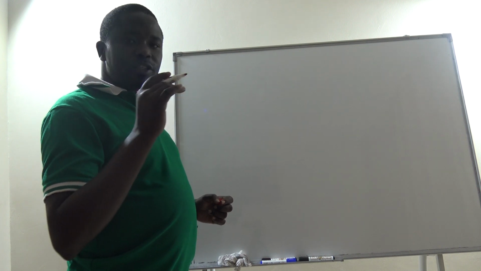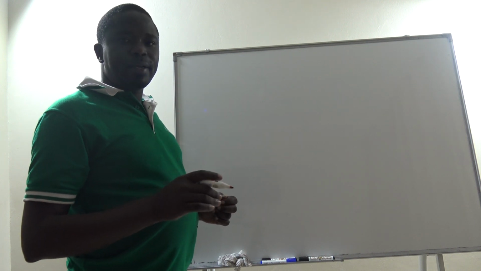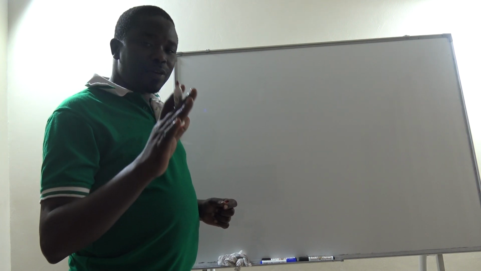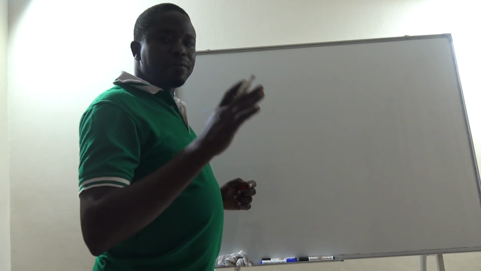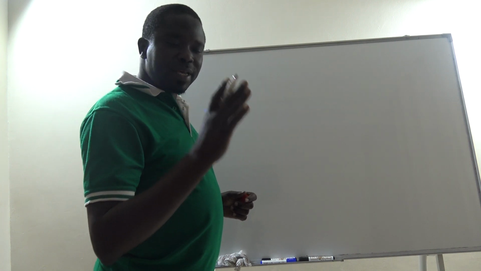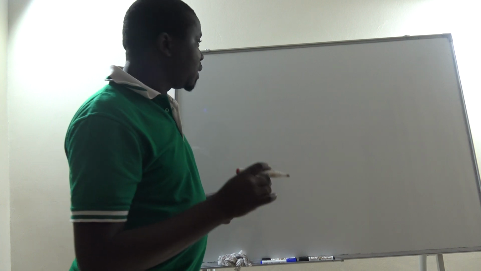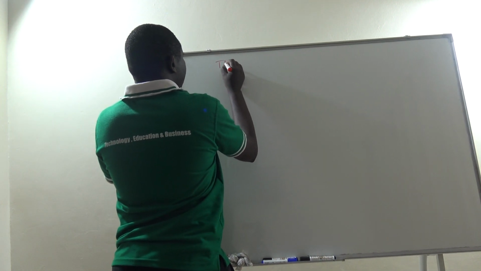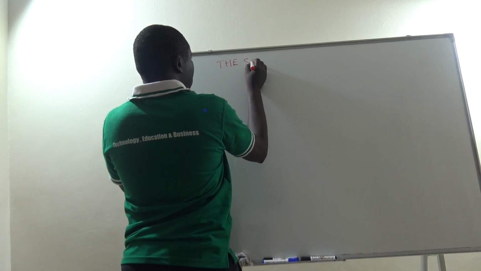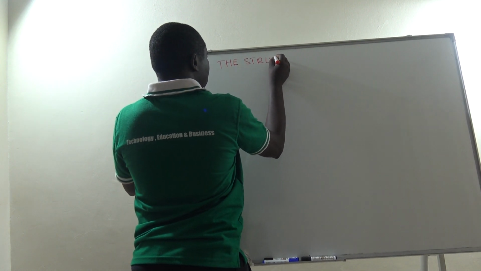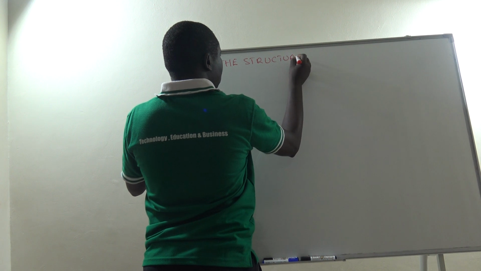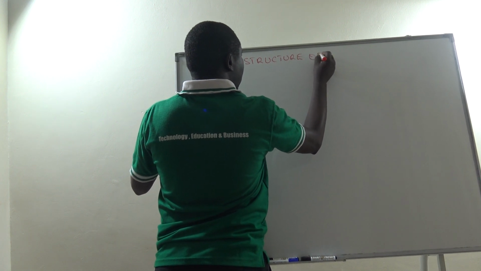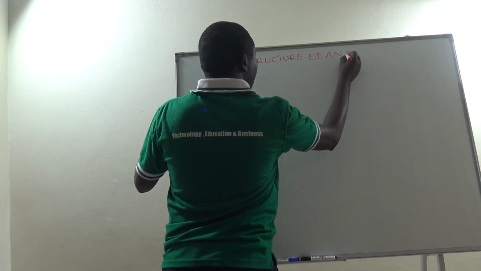We are continuing with looking at atomic structure and chemical bonding. And we have already looked at what an atom is by definition. So let us now go and look at the structure of an atom.